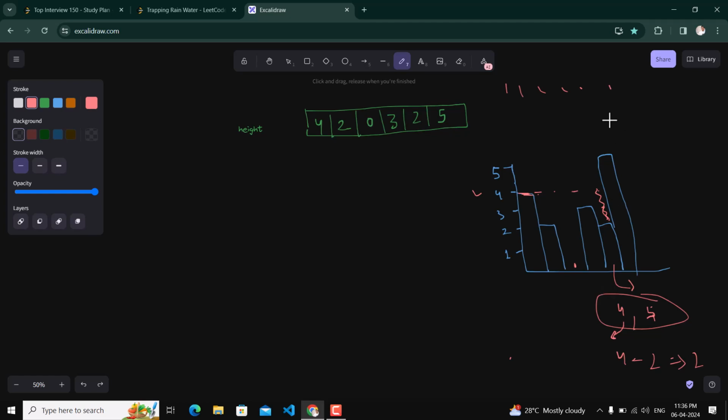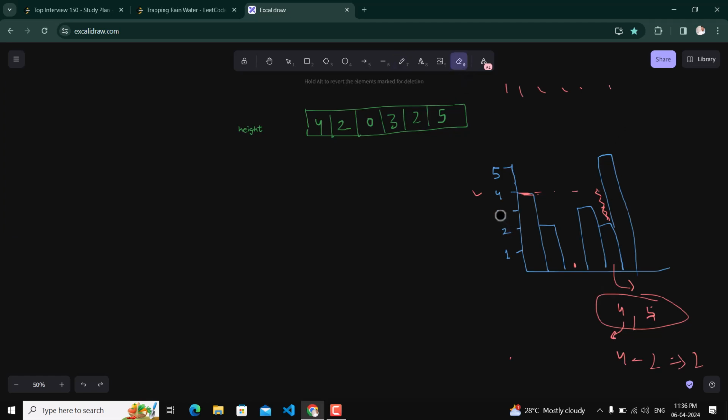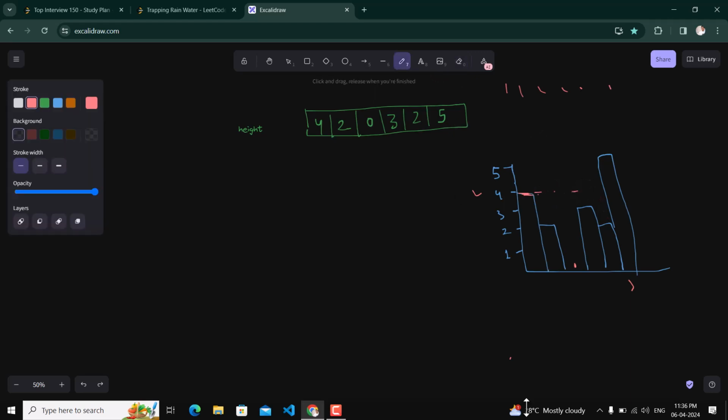Okay, so here I am going to use a dynamic programming approach to find the solution. We will have two arrays of the same length as height, left and right.